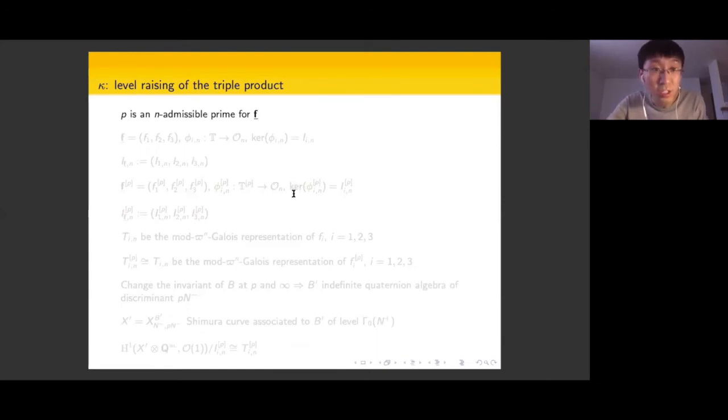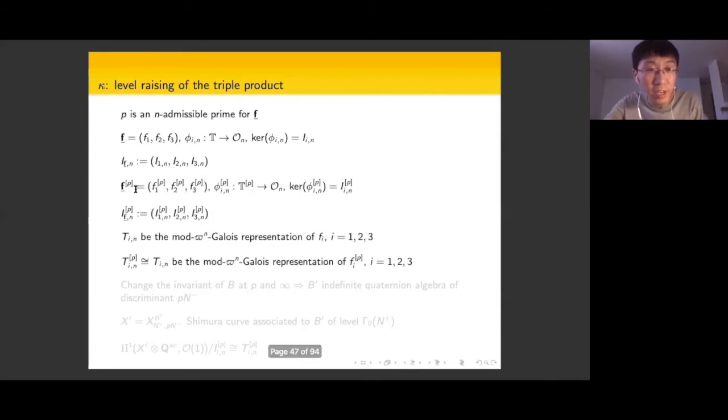Some more notations. I will denote the triple of ideals given by the mod pi Hecke eigensystem by this notation. And then we have the level raised version, and we collect the triple of ideals given by the Hecke eigensystem of the level raised modular form.